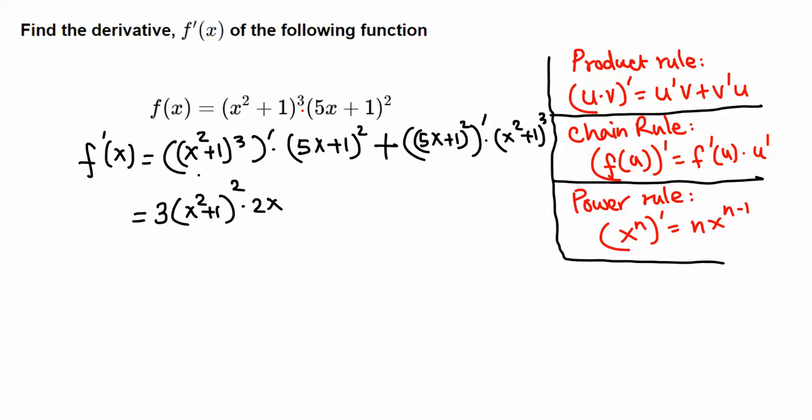So that's how we find the derivative of the first factor, times we have (5x plus 1) squared, plus, let's repeat the same thing, we have something squared. Something squared is the outer function, 5x plus 1 is the inner function. We need to use the chain rule.